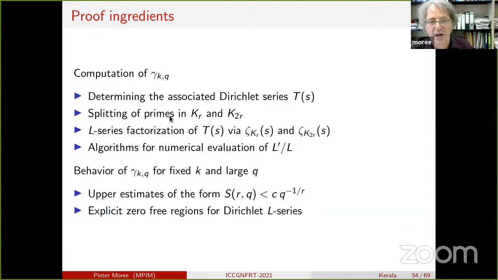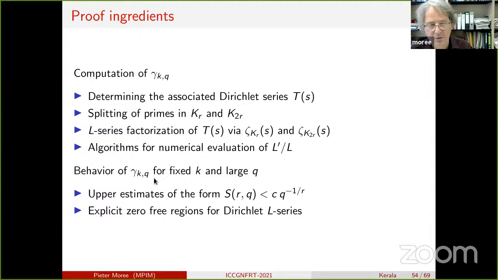You have to know how primes split in those subfields of Q(zeta_q), which of course is very classical. We have to factorize the Dedekind zeta functions. You have to know how to very precisely evaluate logarithmic derivatives of Dirichlet L functions.